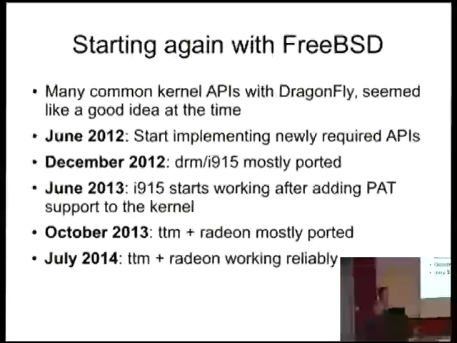FreeBSD had just dropped their own DRM KMS implementation, and since DragonFly and FreeBSD were based on the same code and have many common APIs, I thought it was a good idea to start with FreeBSD code. So in summer 2012, I started to implement the required APIs for the i915 driver. By December, the driver was mostly ported. It compiled. It didn't run. Well, at least it didn't run properly.